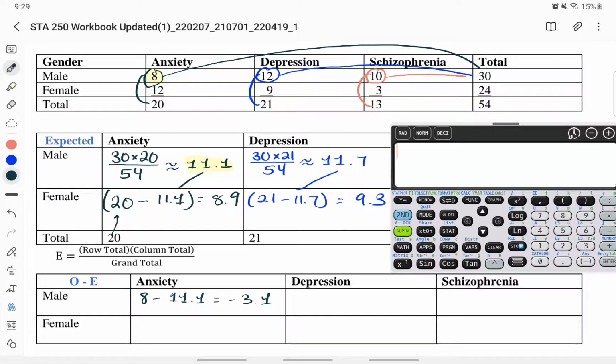When it comes to females that have anxiety, the observed is 12. The expected is 8.9. So that's going to be 12 minus 8.9, and that's going to be positive 3.1.